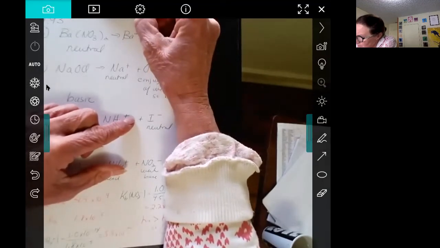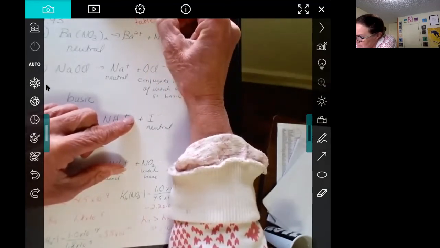Let me find it then. It is on page 570, the table that is useful. But you can also think them through.